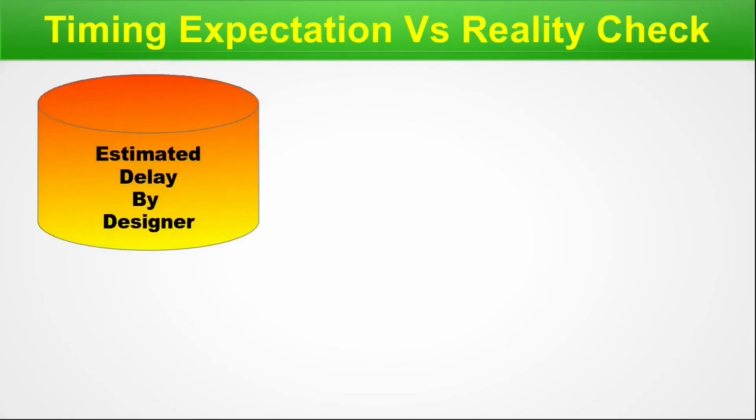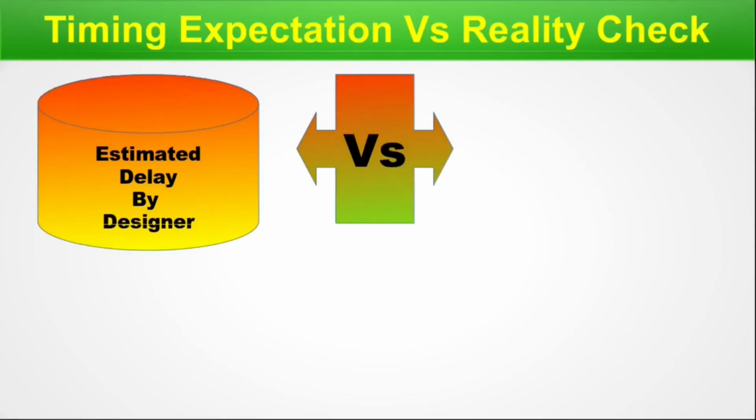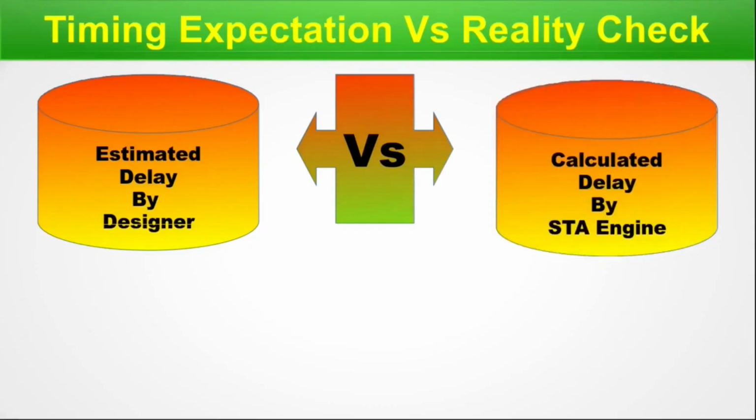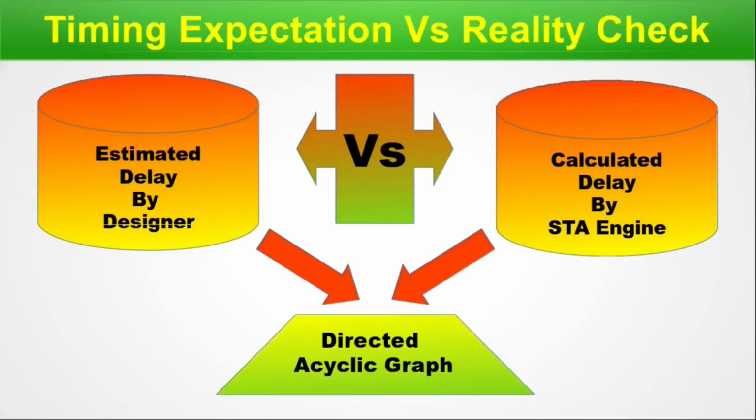Let us see how. We have the estimated delay by a designer that we are just picking, and we have to compare it with the calculated delay, that is the actual delay coming from the STA engine. To do this, we have to superimpose the two things by some method. This is called a directed acyclic graph.